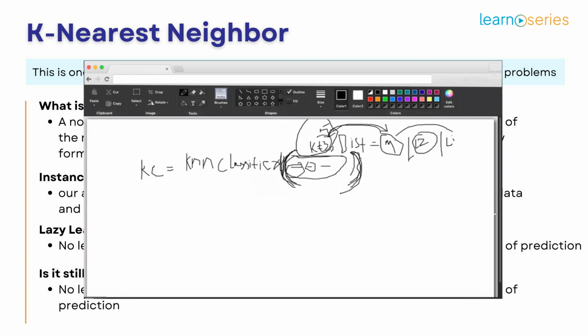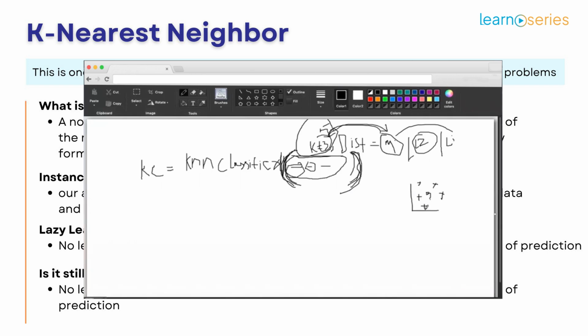When you call KNN classifier.fit, then the distances are found. Suppose you want to find the distances for this point, and there are points like this, these are the crosses, and another class of data points is called plus.